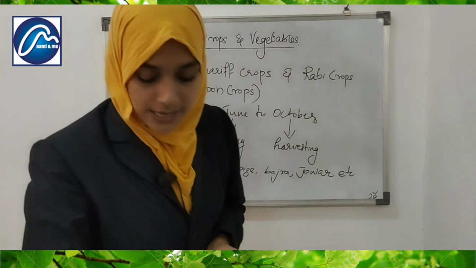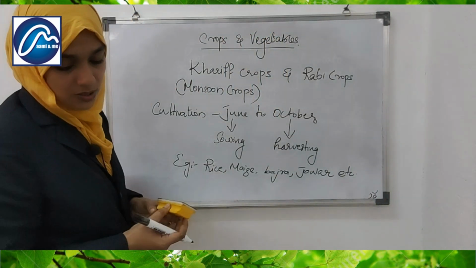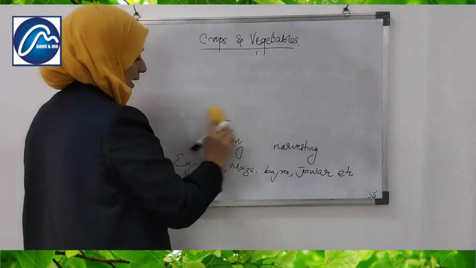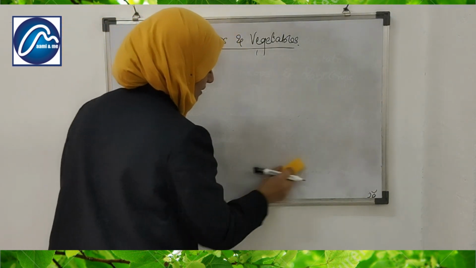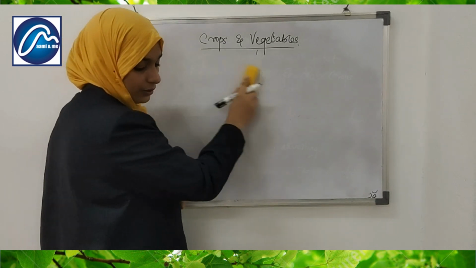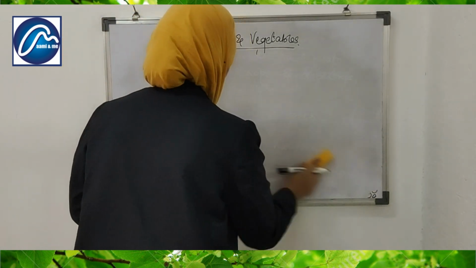Next crop is rabi crops. Rabi crops are also known as winter crops. The sowing and harvesting of crops take place between the months of October to November and March to April.